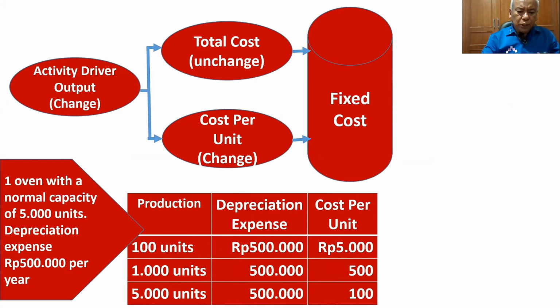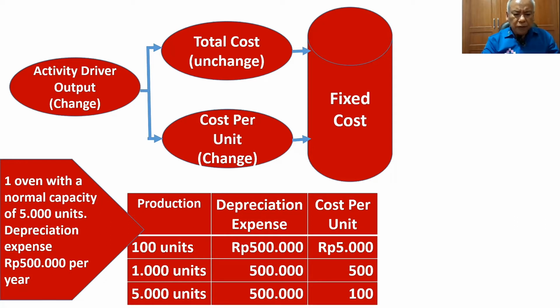If we produce 100 units, we have the same depreciation expense of 500,000, and the cost per unit is the depreciation expense divided by the units produced. If we produce 1,000 units, the cost per unit will be 500, so 500,000 divided by 1,000. If we produce 5,000 units, the cost per unit will be 100.